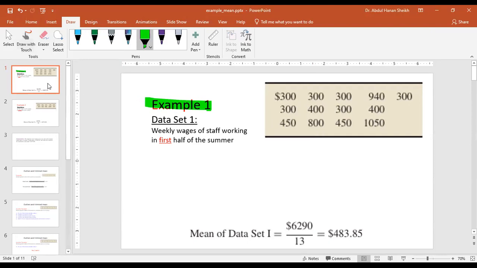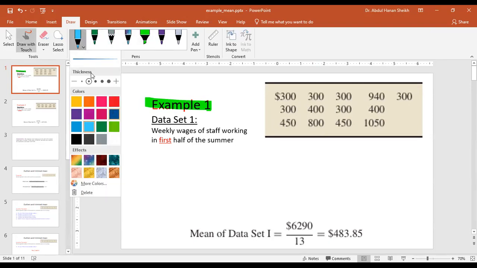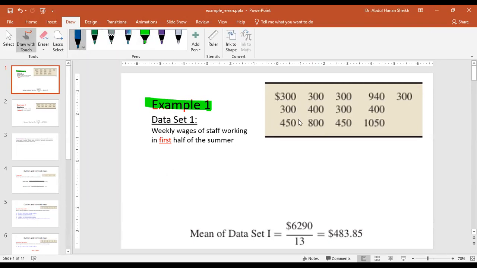So the mean of this data set will be, how will you compute the mean? You should remember the formula. So this is a complete population, or let's say sample. So this is equal to x1 plus x2 plus x3 plus x4 plus up to x13.